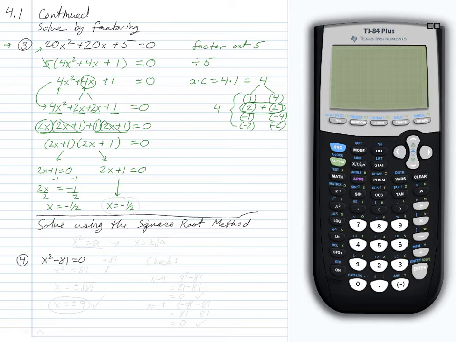So if I type in the x value that I think is my answer, -1/2, -0.5, I'll hit store, and then I'll select the letter x by selecting alpha x. Now what that's going to do is store -1/2 in the letter x. So when I bring that letter back up, the calculator thinks, oh, that letter and -0.5 are the same thing.